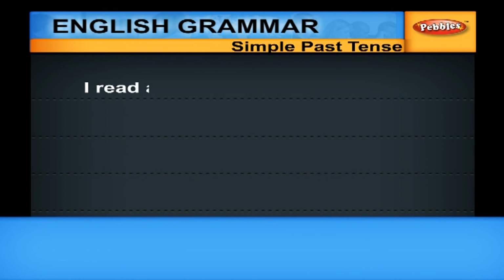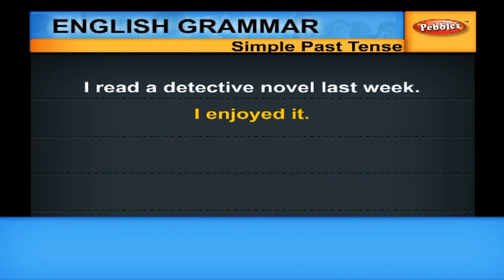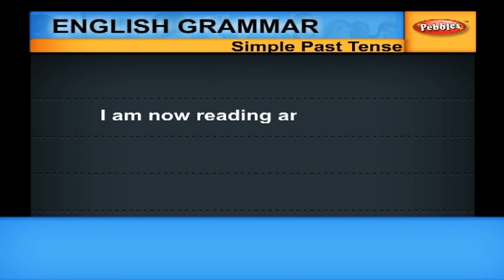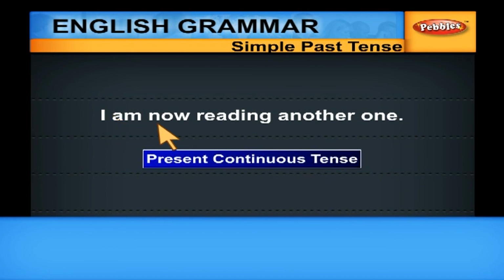I read a detective novel last week. I enjoyed it. Now, what tense it is? Past tense and past tense, which is read and enjoyed. I am now reading another one. Now this is in present continuous tense.